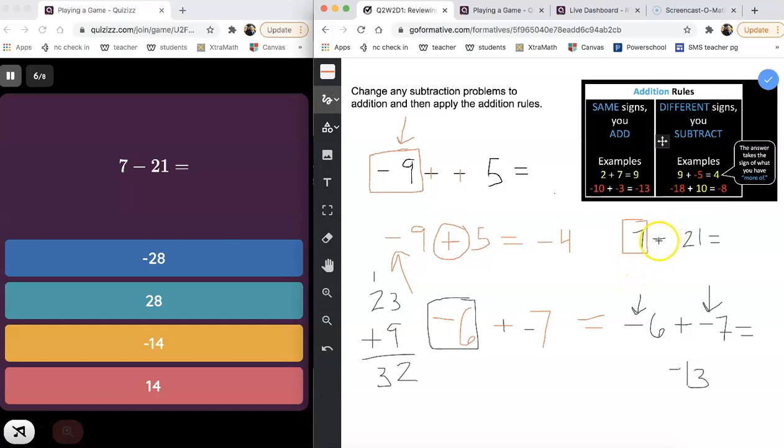And then I'm going to change the subtraction to addition and then record the opposite of the 21. So now this reads 7 plus a negative 21. Well, the signs are different, so we're going to subtract. 21 minus 7 is 14. And I have more negatives than positives, so this is a negative 14.